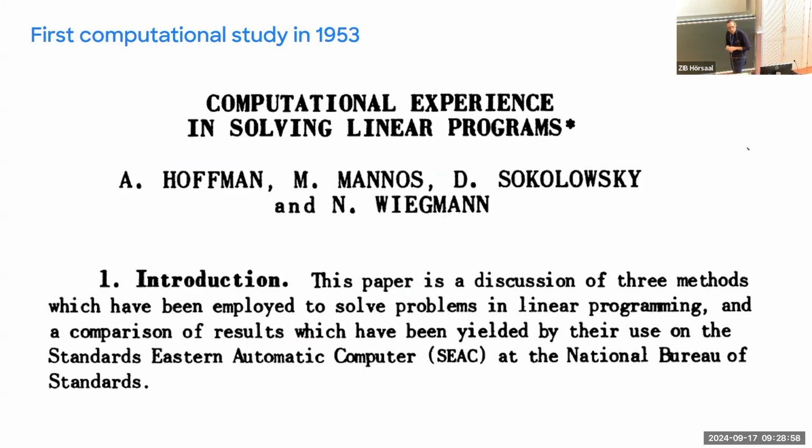I want to mention one paper which you have not seen yet, and this is the first paper with an actual computational study on linear programs, from 1953. This is a bit after the simplex method was invented, a bit before the dual simplex method came up, and it is by Alan Hoffman and co-authors. In there, they discuss three methods which have been employed to solve problems in linear programming, and they compare the results on some special computing hardware.